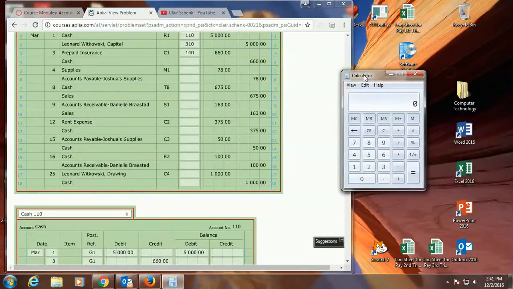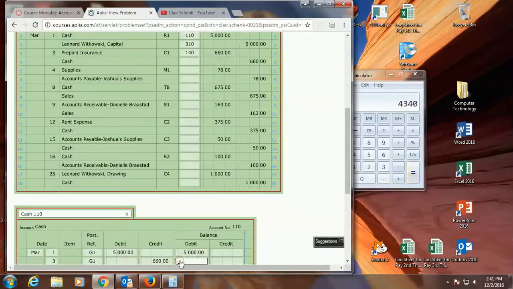And there's my calculator. So I'm going to take 5,000, and you could probably do this in your head, but 5,000 minus 660 gives me a new account balance of $4,340 for cash. Then I write the 110 here in the post reference of the journal, and I'm on to the next line.